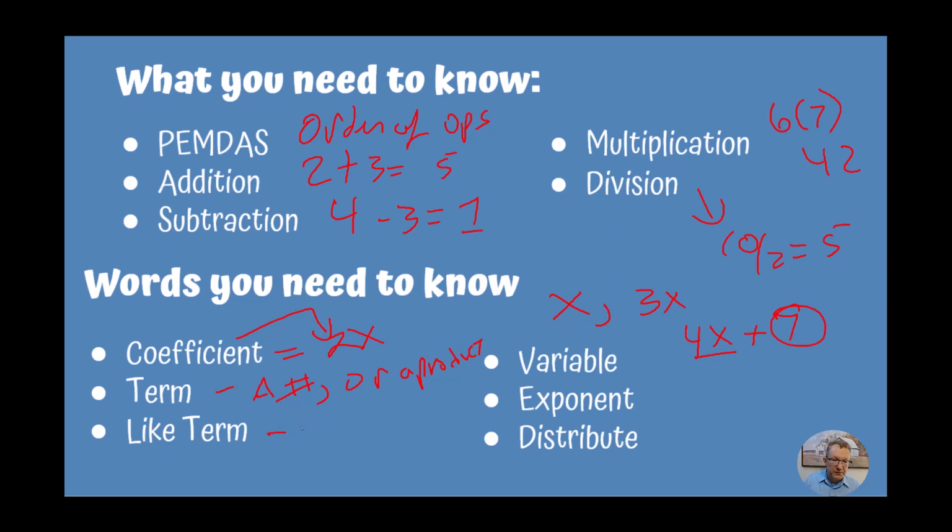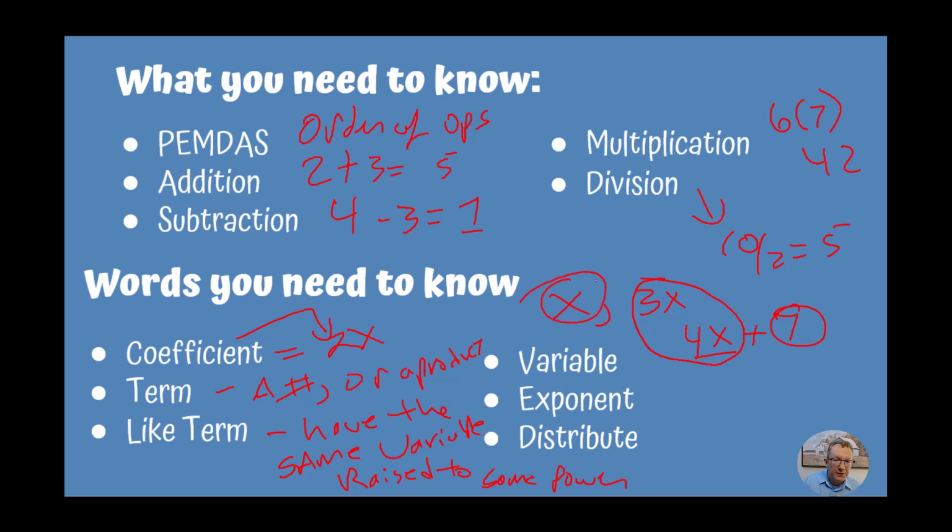Like terms have the same variable raised to the same power. So once again, like terms have the same variable and they're raised to the same power, like 3x, 4x, and x.